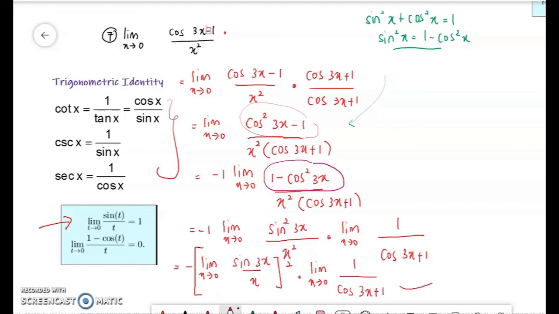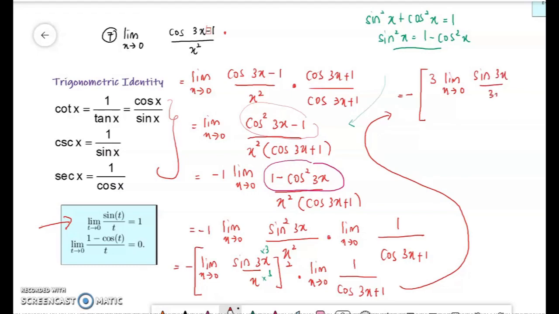So I bring this one here. You have negative, and then this one times 3, this one also times 3, with a bracket closed here. So 3 times the limit as x approaches 0 of sine 3x over 3x.